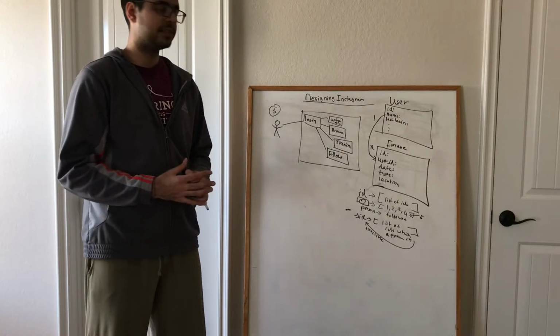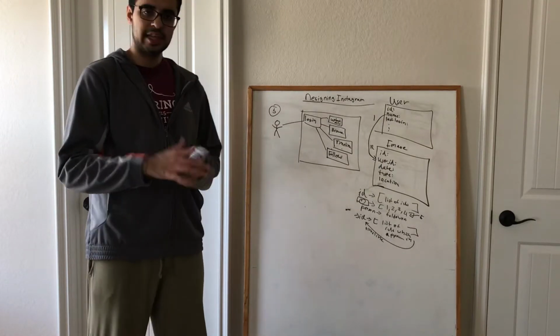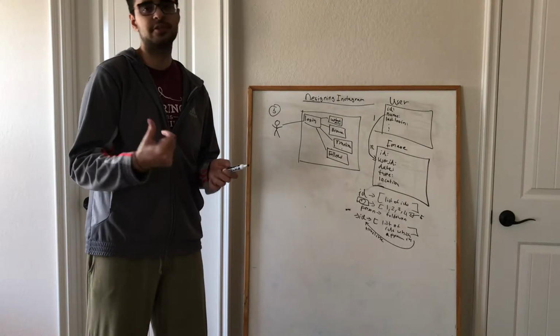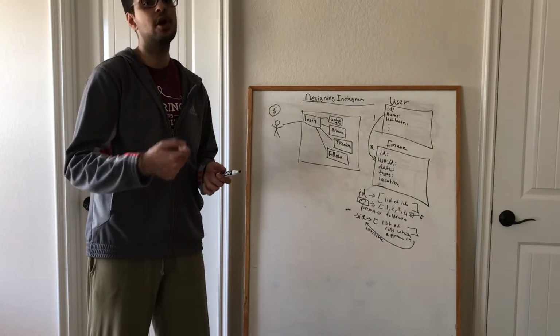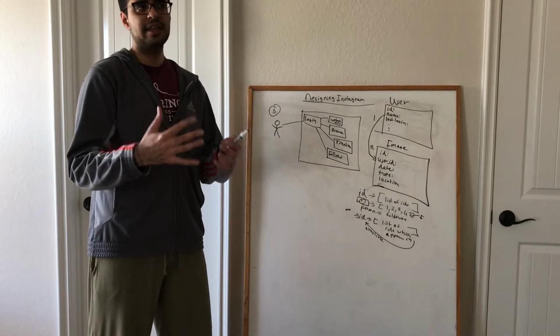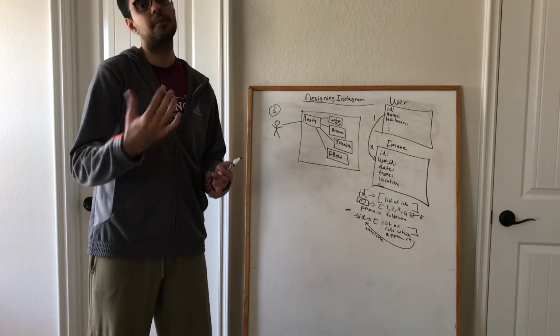Most users would be scrolling through the application to view pictures of their friends within their own timeline. So it's very read heavy, and far fewer users would be uploading pictures.